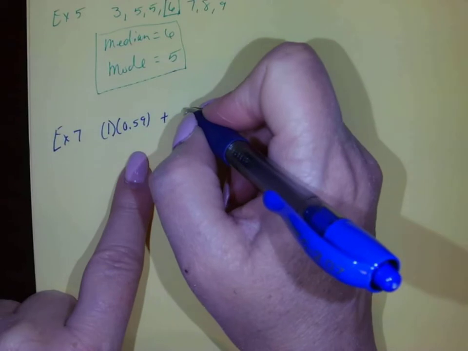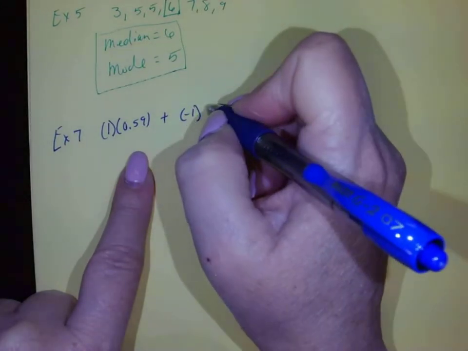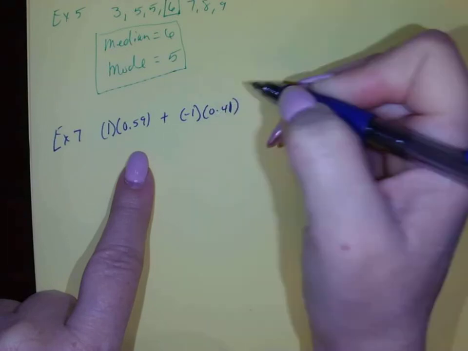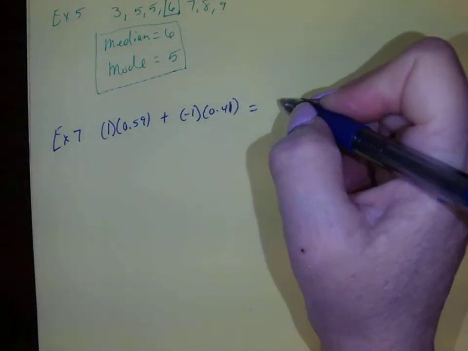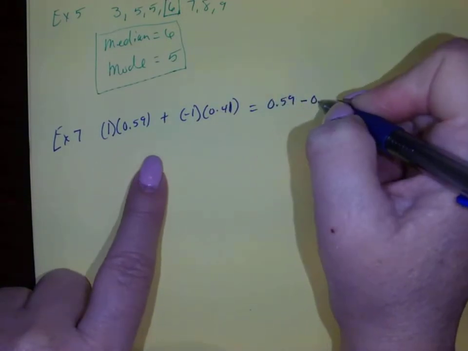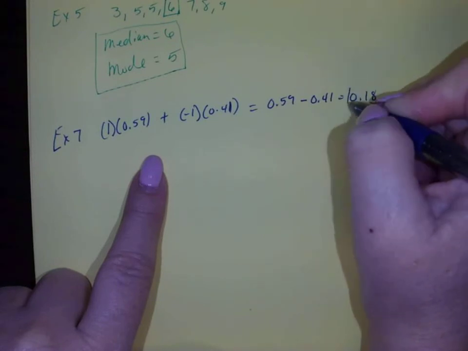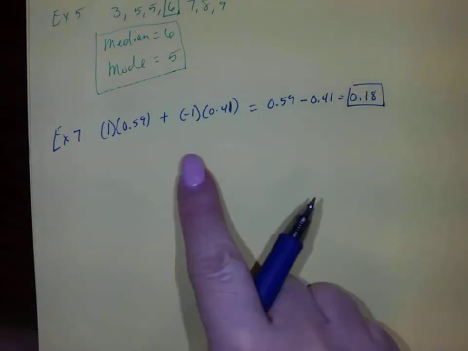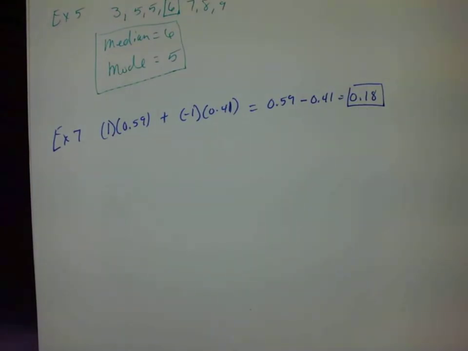If we get a tail, we lose $1, and the probability of getting a tail is 0.41. When we add these together, we get 0.59 minus 0.41, which gets us 0.18. So the expected value of winning would be 0.18.